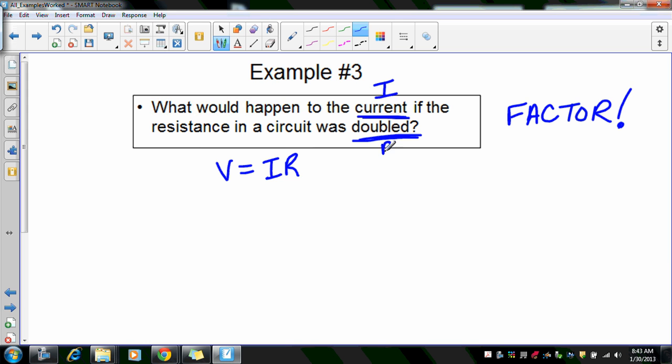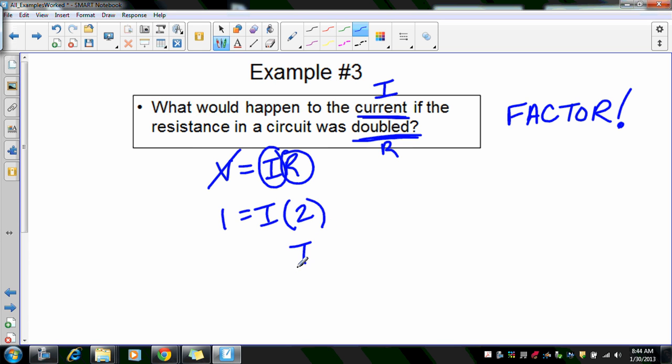So resistance is R. So I is changing because of R. That means V is not. So we're circling I, we're circling R. This is not changing. Anytime you have a blank, you use a 1 as a placeholder. So 1 equals I times resistance, which is doubled.